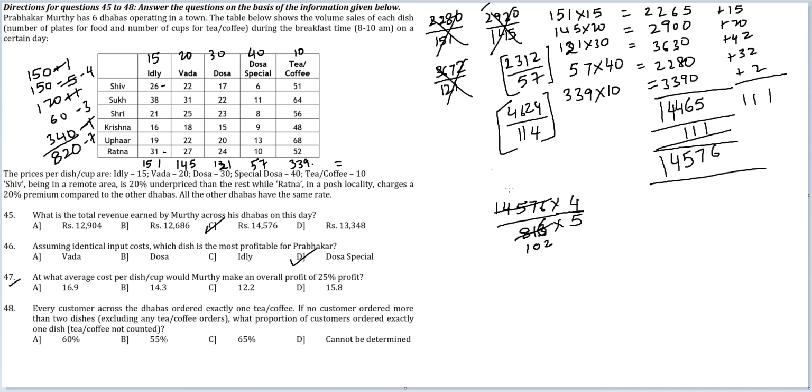I will get how much? 165, 8, 172, 162. So 1822 into 4, or 7288 divided by 510. Okay, this is 510 right now.